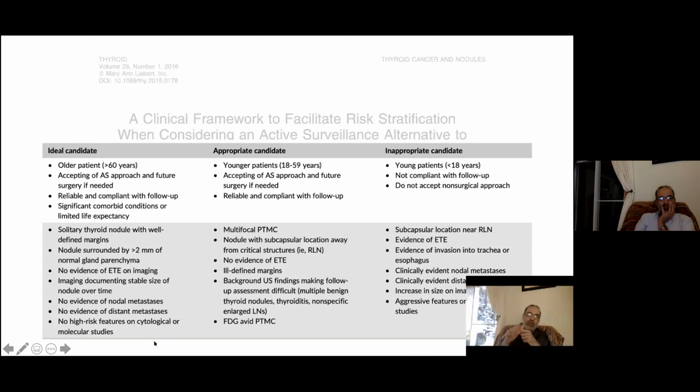Whereas if you have a younger patient, you have concerns about compliance, or there are ultrasound features which are shown in this particular slide, then you have to proceed with surgery.